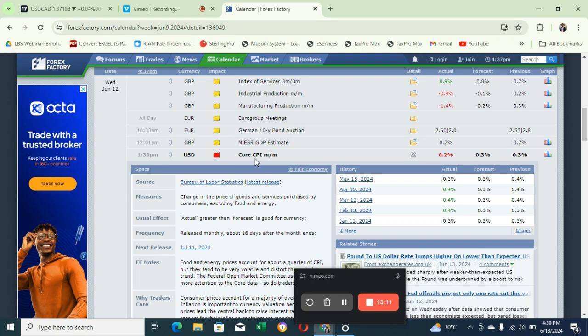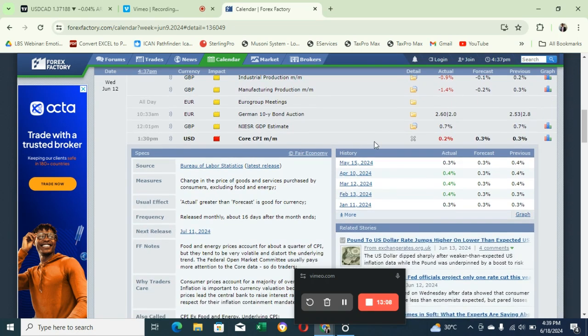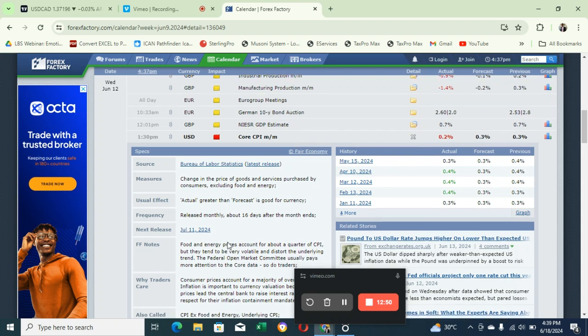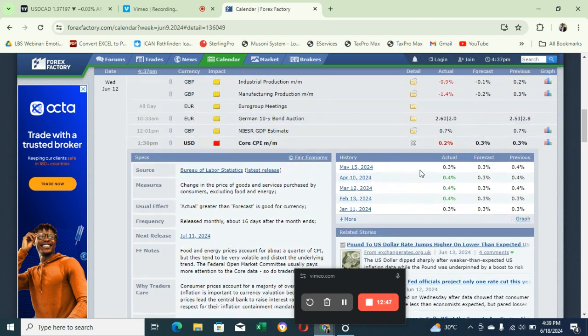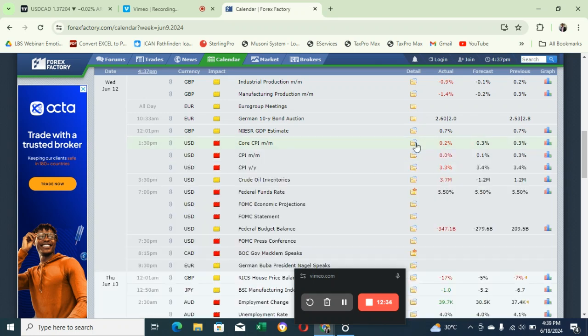So you can see the effect of this is that the actual is less than the forecast. The forecast is 0.3%, and what came out is 0.2%. So there is going to be a major reaction on that. When it is less than the forecast, that means it's going to go for a sell, and if it is greater than, it's good for the currency pair.